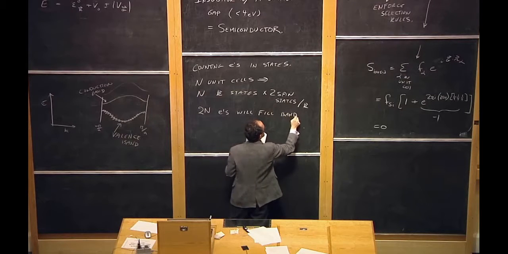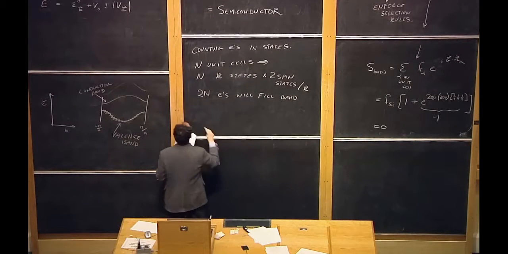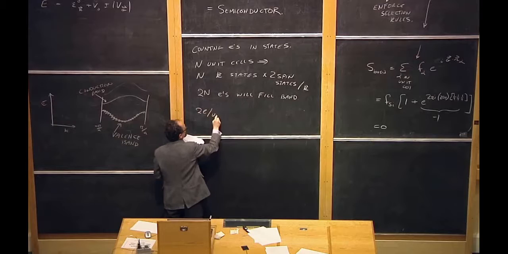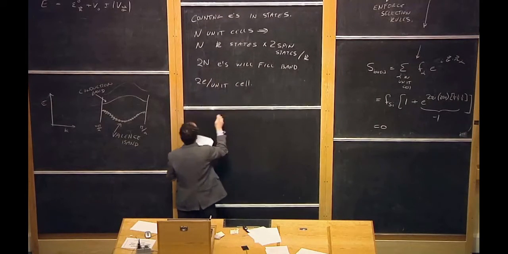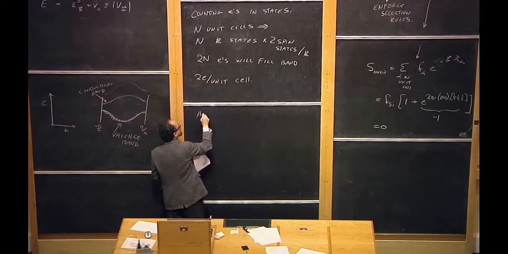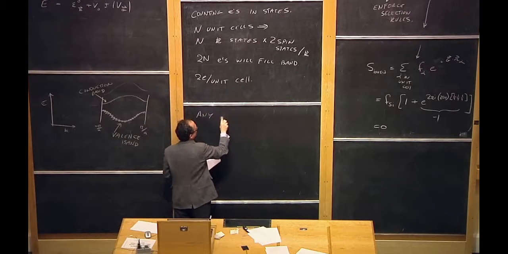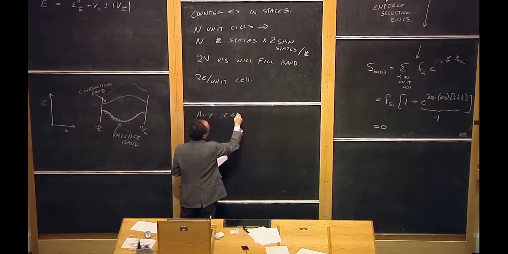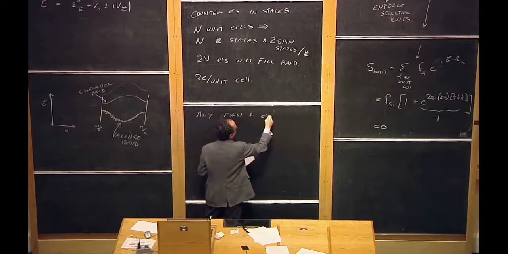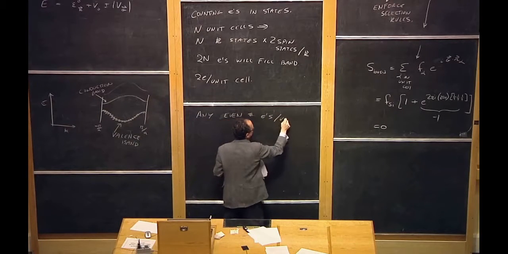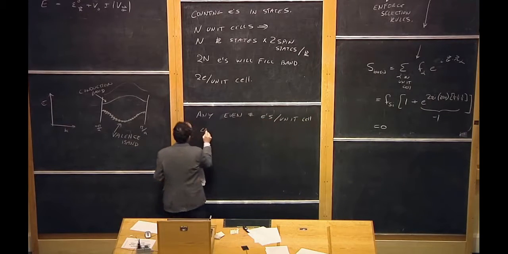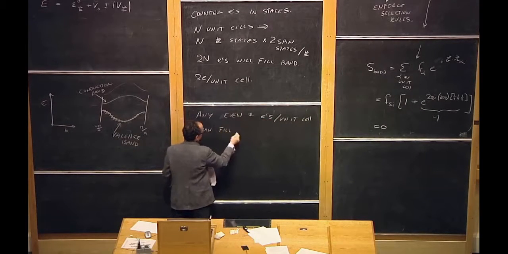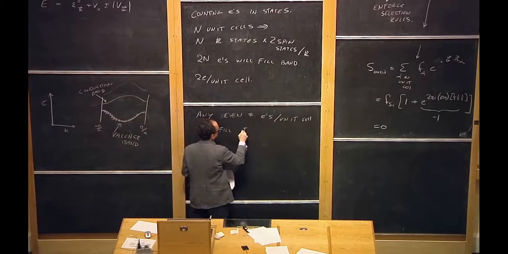To get 2n electrons, you need 2 electrons per unit cell. So you expect that if you have any even number of electrons per unit cell, you can fill an integer number of bands.